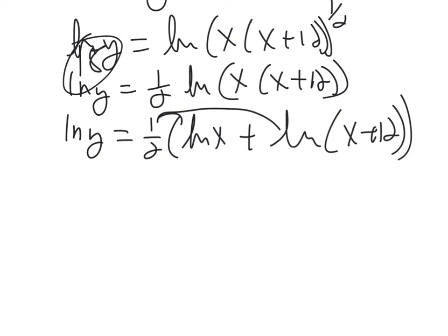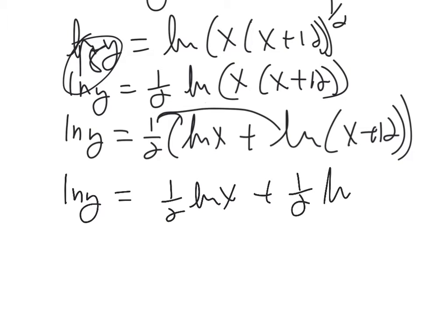So notice I haven't done any calculus yet. I'm doing algebra. So ln y equals 1/2 ln x plus 1/2 times ln of x plus 12. Now let's do some calculus. We'll take the derivative. The derivative of ln something is 1 over the something times the derivative of the something.